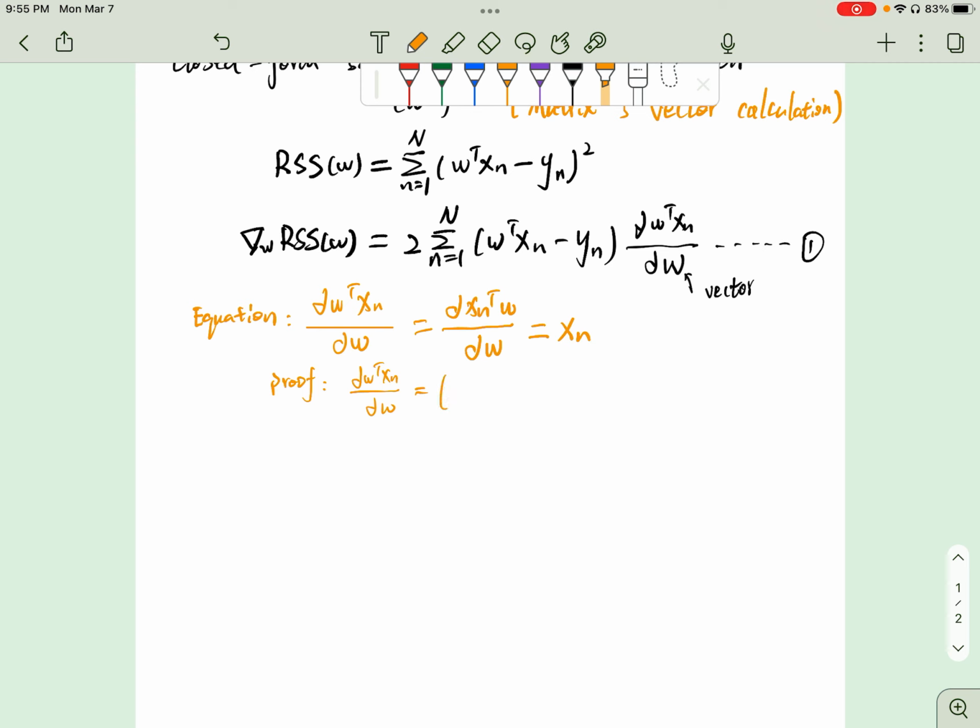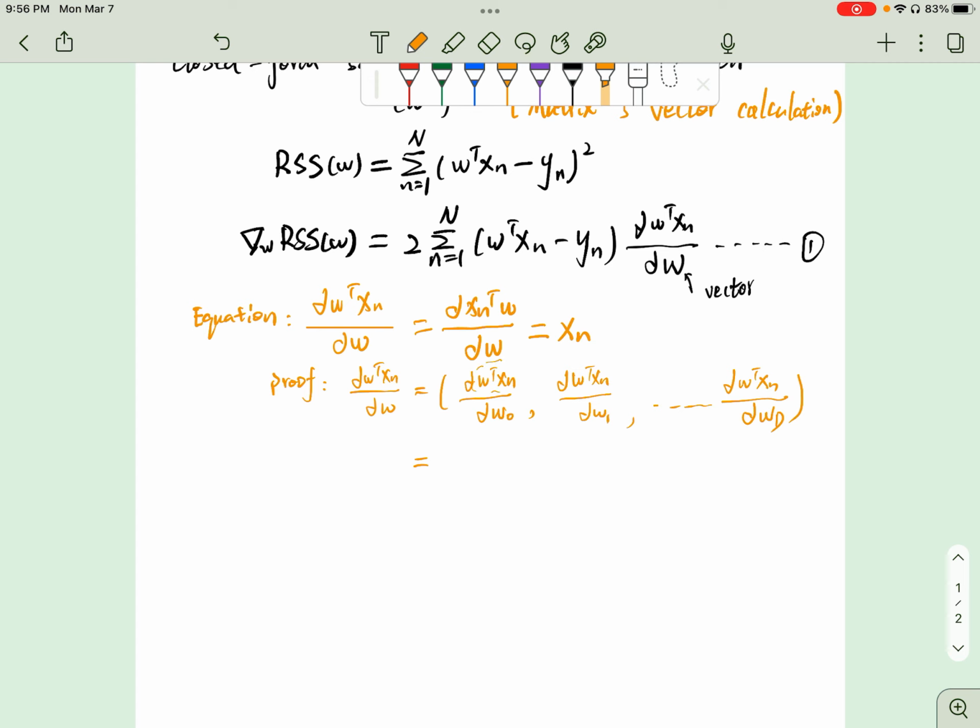So here I will write, okay, you remember inside of omega, the elements start from omega 0, and then we have omega 1 goes to omega d, because we have d features here. Okay, you can imagine what is inside of this.